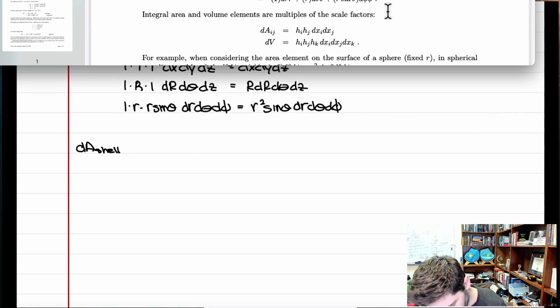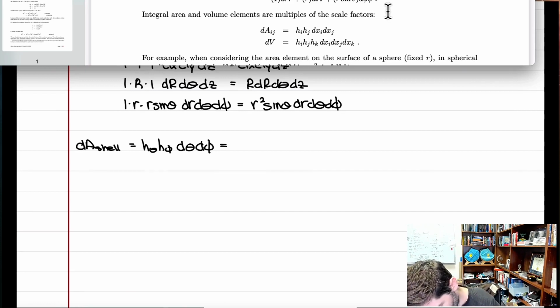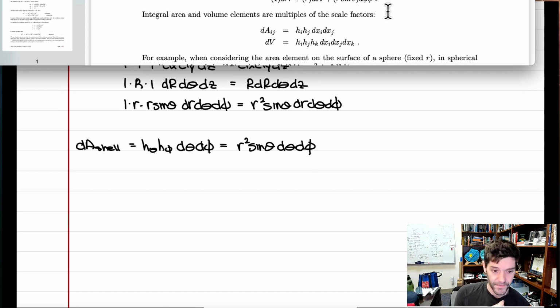So in that case, it's h theta h phi times d theta d phi for your differential area element, which is then r squared sine theta d theta d phi. Which is very nice, because if you want to remember anything, you can just remember these general expressions, and then you just have to know what the scale factors are.